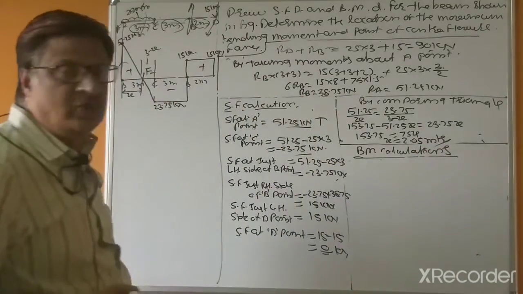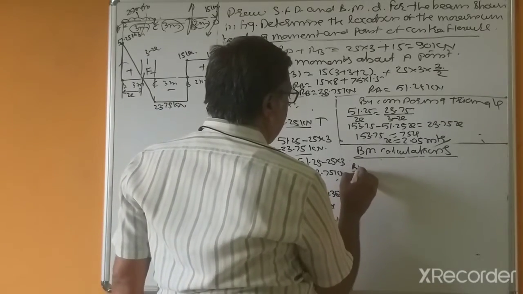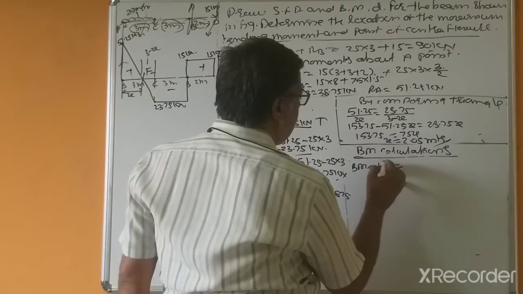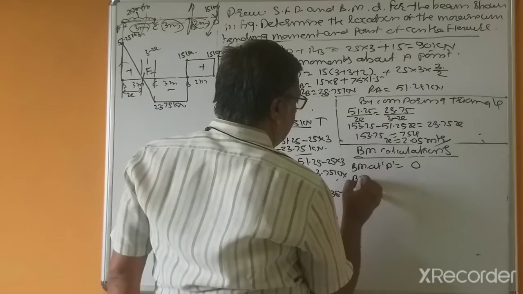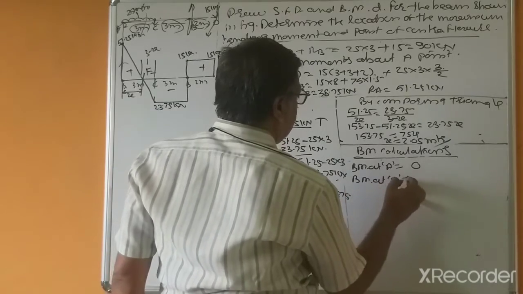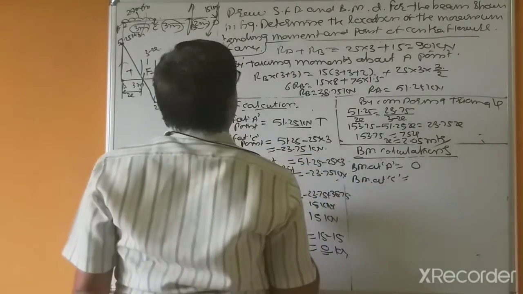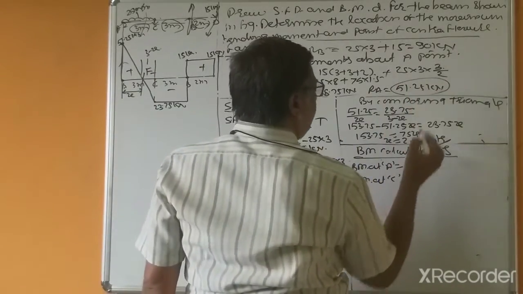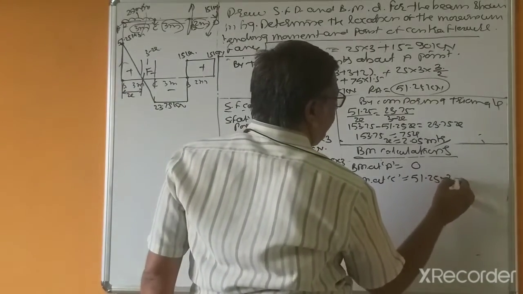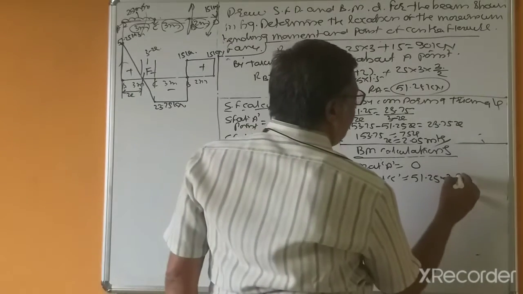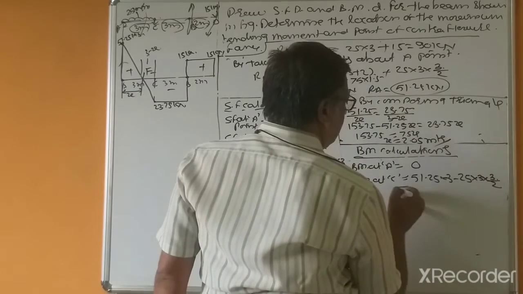Meter. Alright, so what is the next step? Bending moment calculation. Bending moment at A point, because this is the end point, equal to 0. Next point is the bending moment at C. Now this is RA, clockwise moment. RA equal to 51.25 multiplied by distance 3 meter minus 25 into 3 into 3 divided by 2.